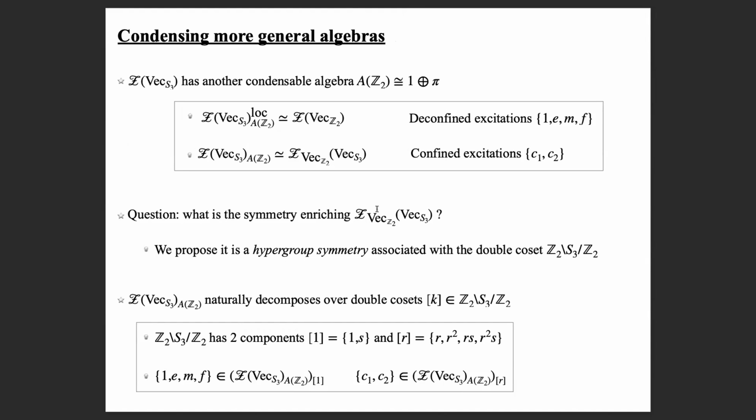So in this case, this has only two components, the identity, which is just Z2 itself, and then one non-trivial component, which is the rest of the elements in S3. Then we can say that the toric code anyons, the deconfined excitations, belong to grade 1, while C1 and C2 belong to the only non-trivial grade specified by the non-trivial double coset element R.